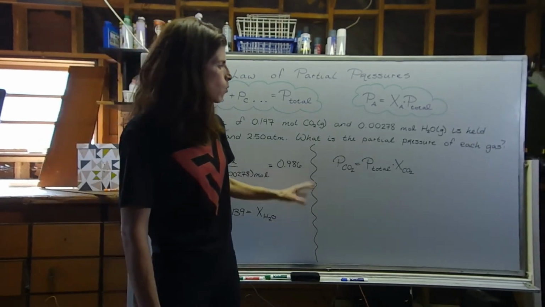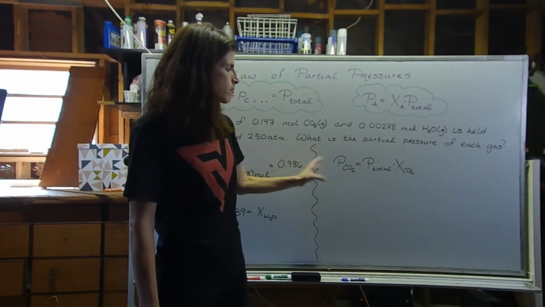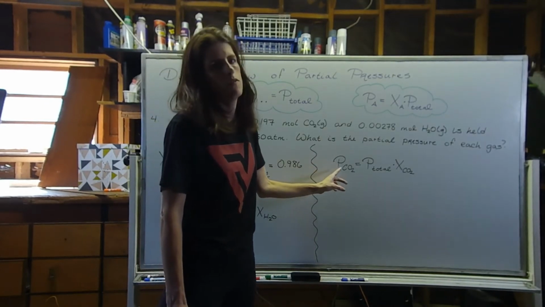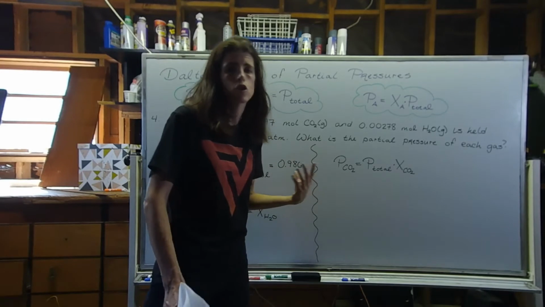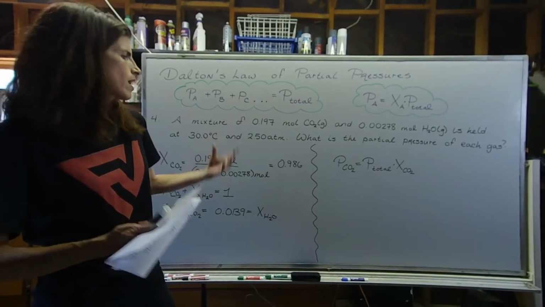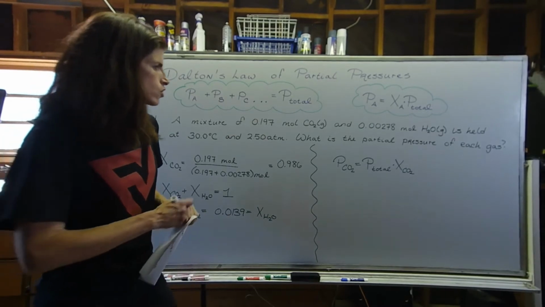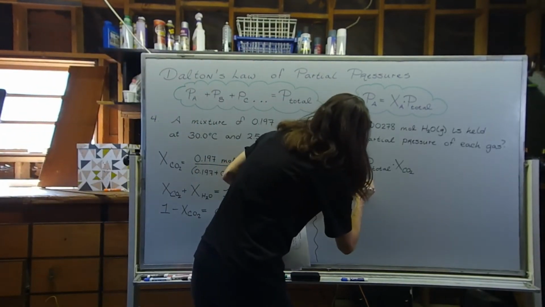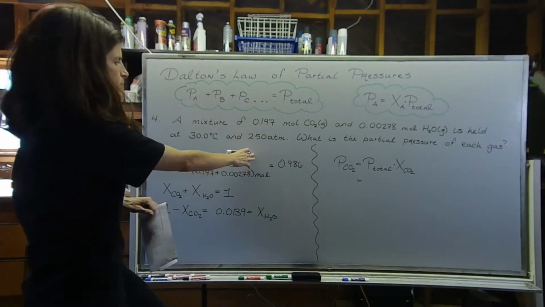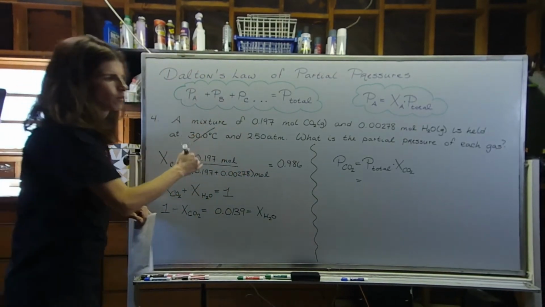Alrighty, so you can start the second part of this problem by either calculating the partial pressure of the carbon dioxide or the partial pressure of the water, whatever you want to do. I chose carbon dioxide. So we're going to plug in our total pressure, which was given to us, 2.50 atmospheres. This is kind of just extra information.